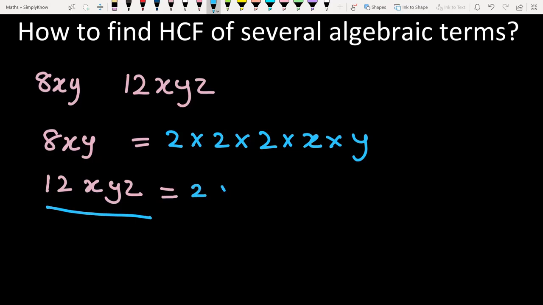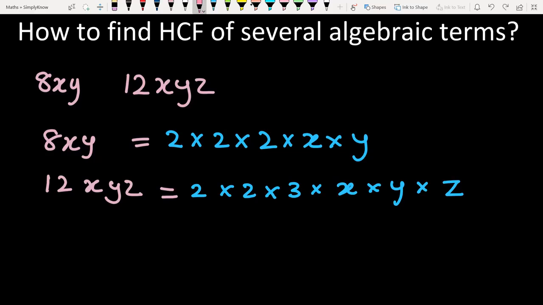It should be 2 times 2 times 3. And when you separate the unknowns and write them as a product, you should write times x times y times z. Now we have written both algebraic terms as products of their factors.